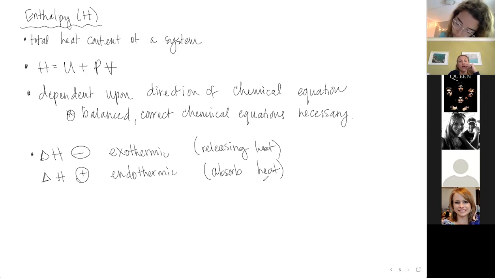Does anybody know examples of chemical reactions or items you can buy at a store or things in your house that are either exothermic or endothermic? A stove.